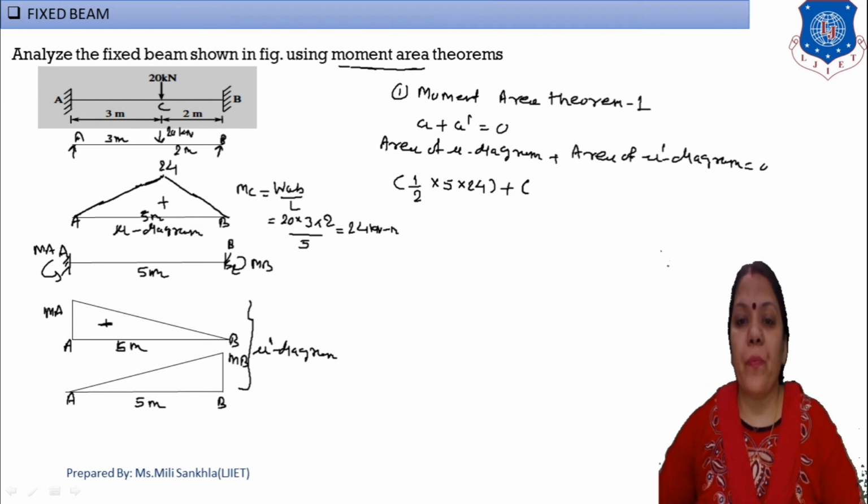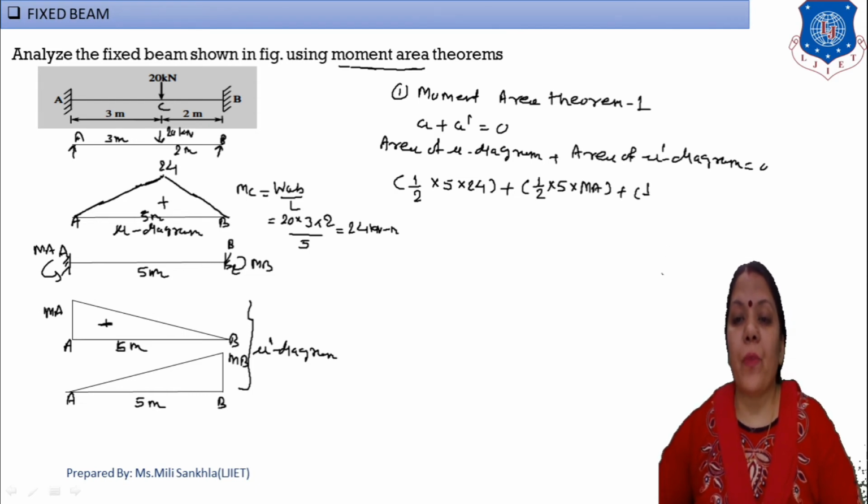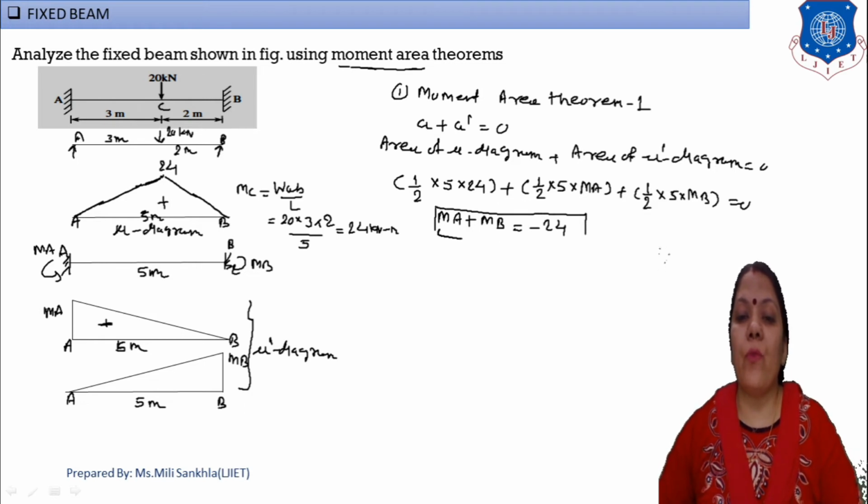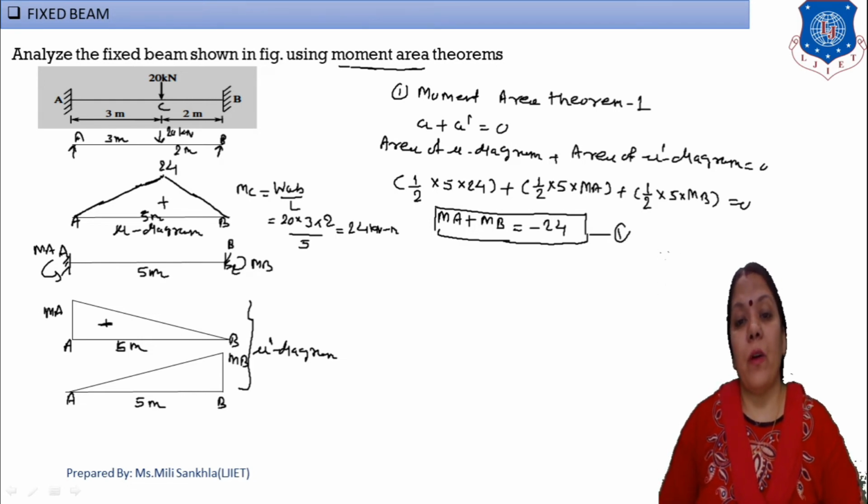Write here 1/2 into 5 into MA plus second 1/2 into 5 into MB is equal to 0. Now after simplification, MA plus MB is equal to minus 24. After simplifying this calculation, we get our first equation due to moment area theorem number 1, and that is MA plus MB is equal to minus 24.